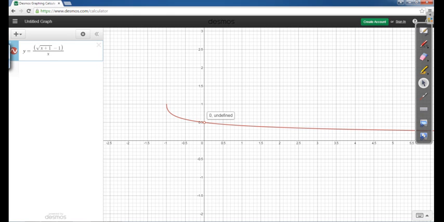So as x approaches 0, I actually have a hole there. But remember, we found another function that shares all these points except for this one. So in the original function, there's a hole right there.